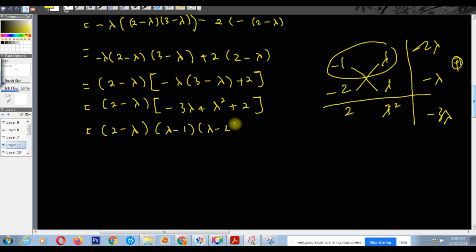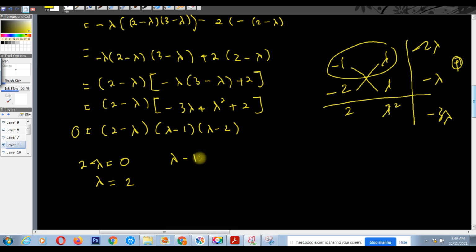Once you get this, you need to find every value. So this equals 0, meaning 2 minus lambda equals 0, so lambda equals 2.